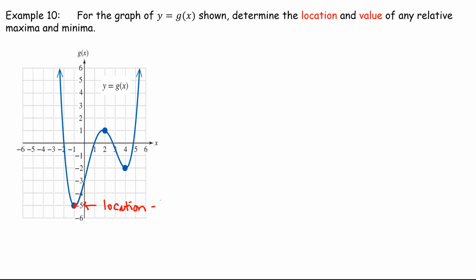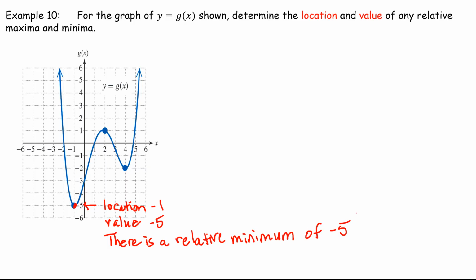That's where you are on the x-axis. We would say the value of it is -5. So we would say a relative minimum of -5 at x equals -1. So the location is -1, the value is -5.